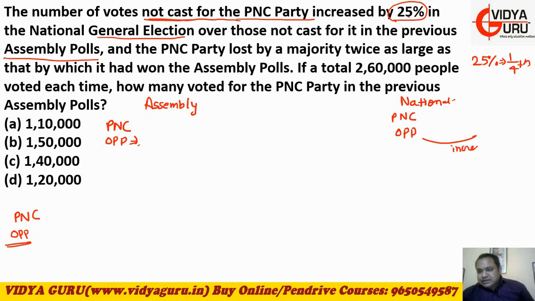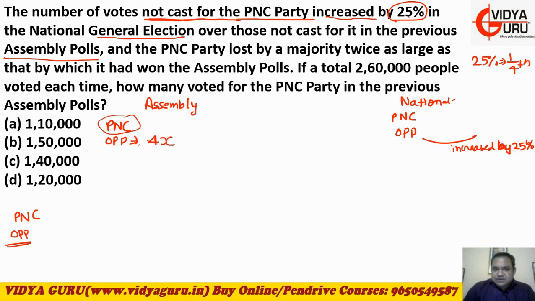Votes casted for opponent increased by 25%. Simply, mathematically speaking, this is what this statement means. Votes not cast for PNC, that means votes casted for opponent. So here is the shortcut. As 25% is 1/4 of something, you assume this thing to be 4x.